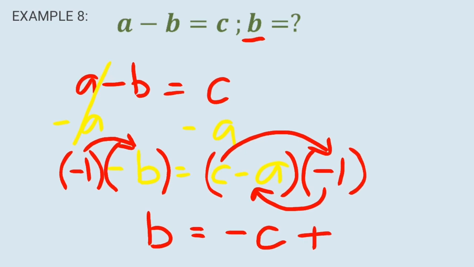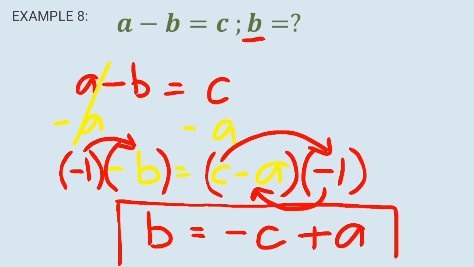So in short, this is plus a. Now, this is our final answer. Yes, this is our final answer, but if we apply the commutative property in this one, this will not be your final answer.